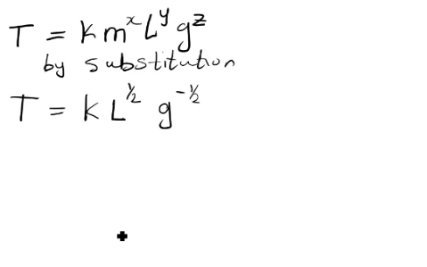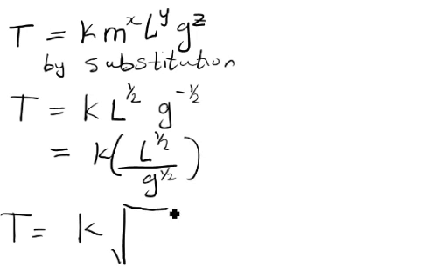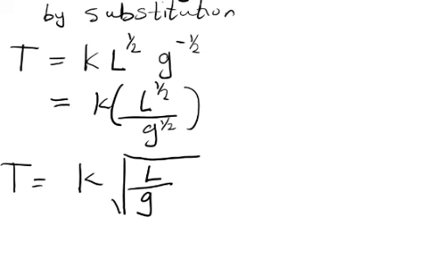And then from indices, I'll have k into l to the power 1 over 2 all over g to the power 1 over 2. So this will give me the period of oscillation. It depends on the constant and the square root of L over g.